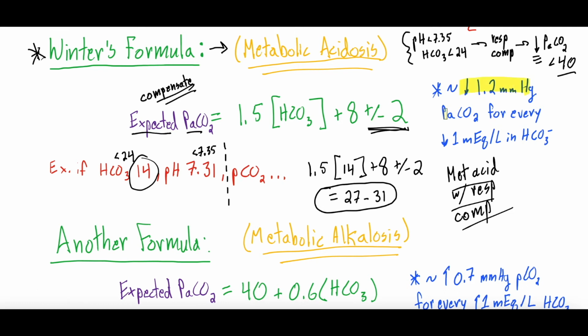So the PCO2, the CO2 level, should decrease by about 1.2 for every decrease of 1 in the bicarbonate level. It'll give us a slightly different answer, but if we use that, normal bicarb, as we talked about, is 24. The bicarb in this example was 14. So that means there's a decrease of what? A decrease of 10 milliequivalents of bicarb compared to normal.